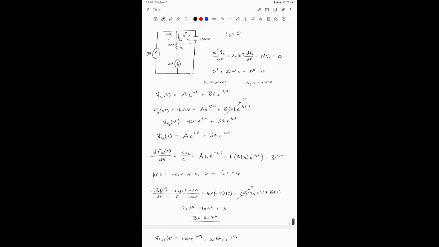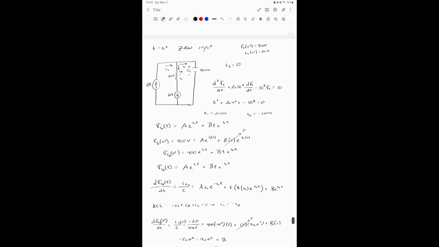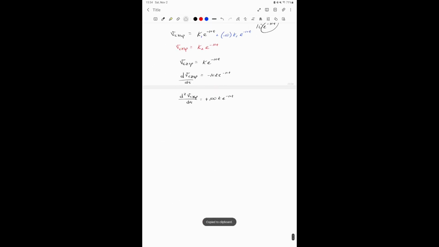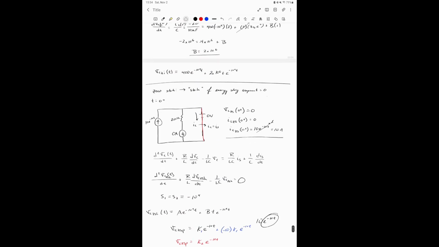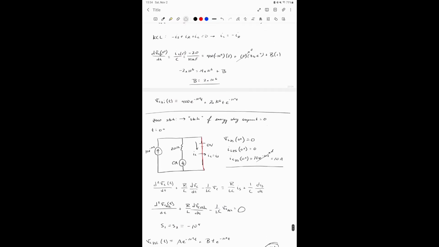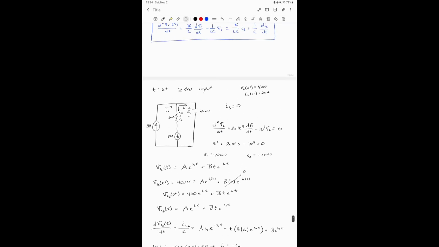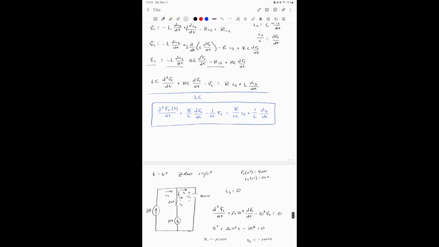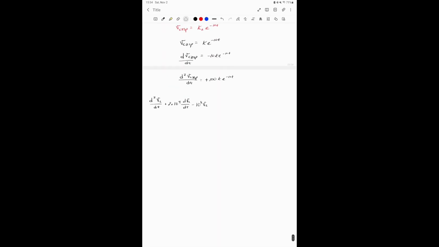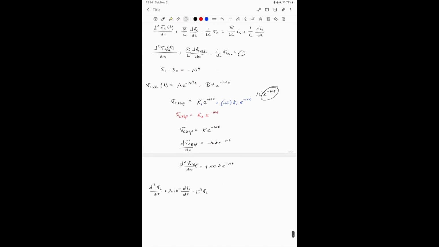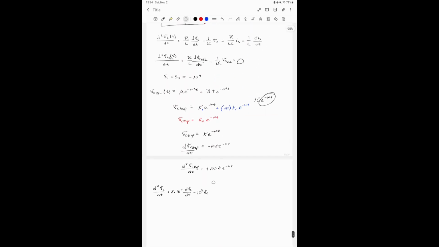So now we're going to plug this back into our differential equation. Yes, this one right here, the one that had all the numbers in it. So let's copy that and put this in here. So let's do the math for the IS over here.